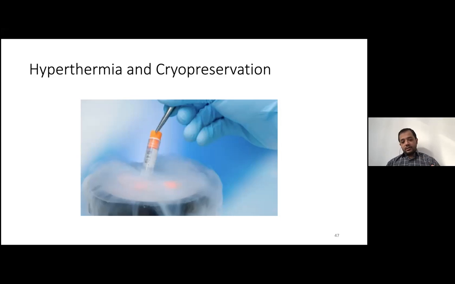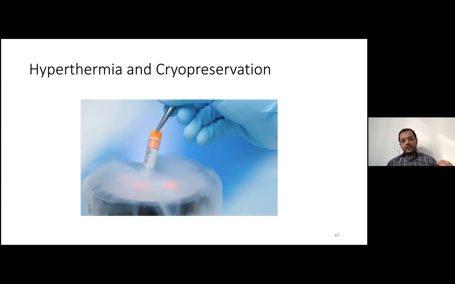But when we thaw the tissue, there's a problem, because the rate at which we are heating up the tissue is not uniform and not fast enough, and that causes the tissue to get damaged.